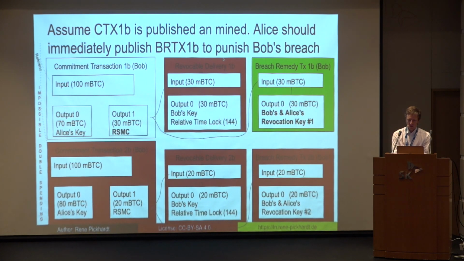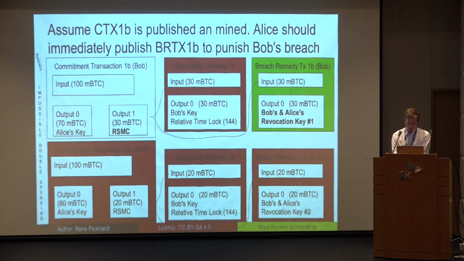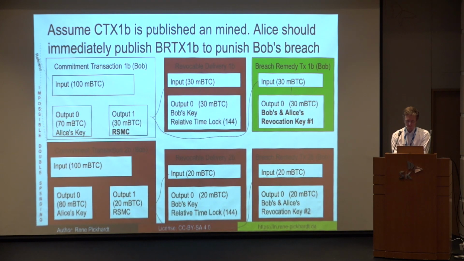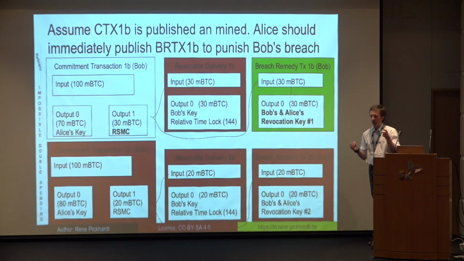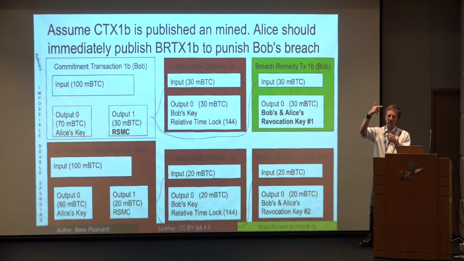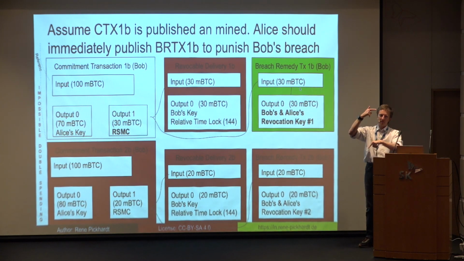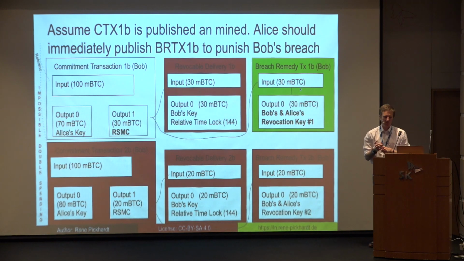So red are all those transactions which normally should never happen. But if something happened, so let's say we have a situation where Bob actually published the initial transaction, the one where he had 30, and then Alice used this one to spend the money that he was trying to claim.